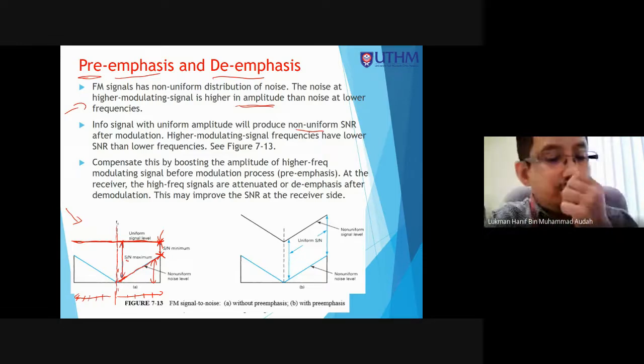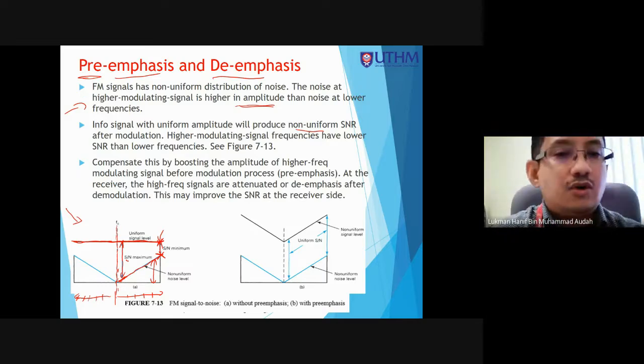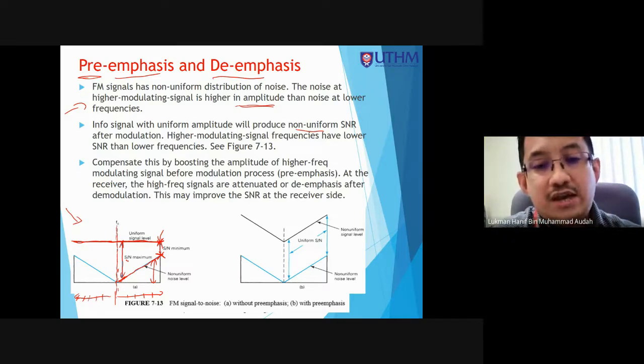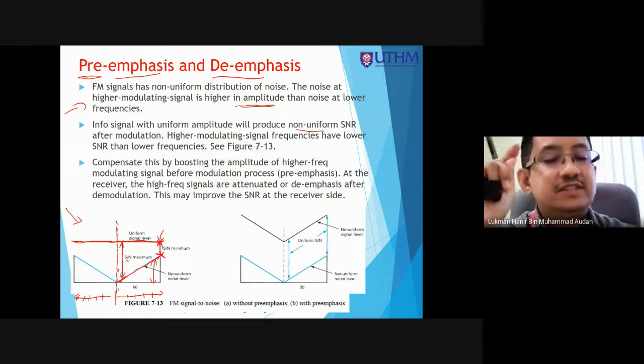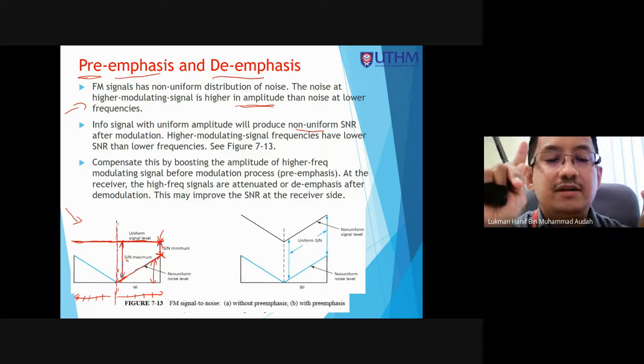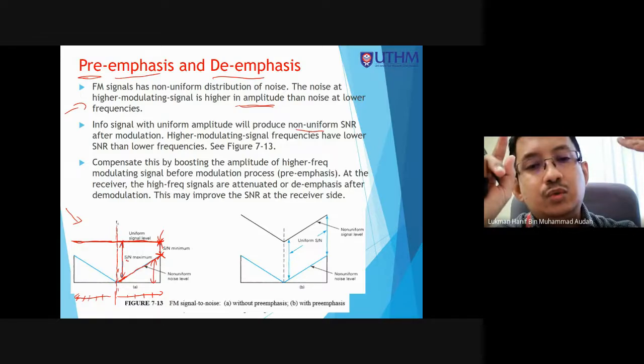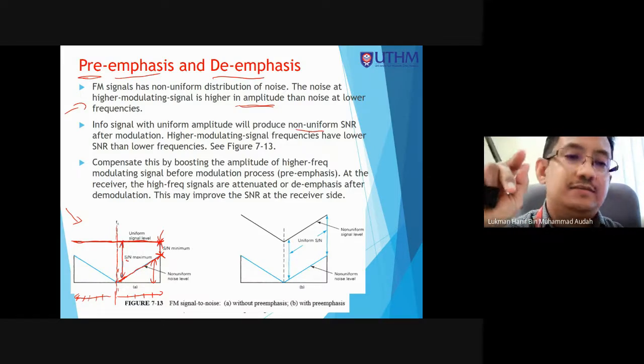Kalau kita buat pre-emphasis and de-emphasis, we can compensate the loss and we can increase the SNR. Tujuan pre-emphasis and de-emphasis is to increase the SNR. That's the main reason. Kita perlu buat proses pre-emphasis, de-emphasis in order to improve the SNR.